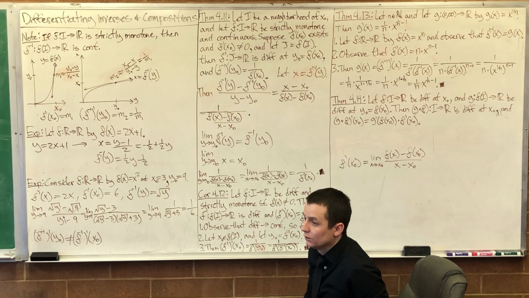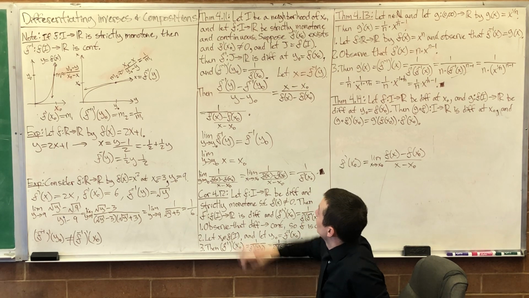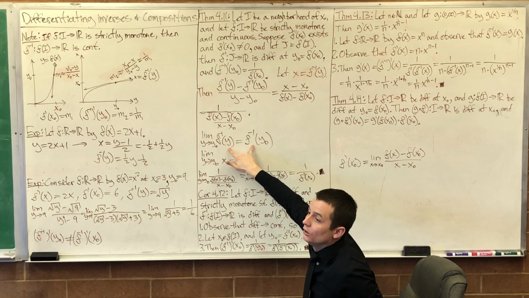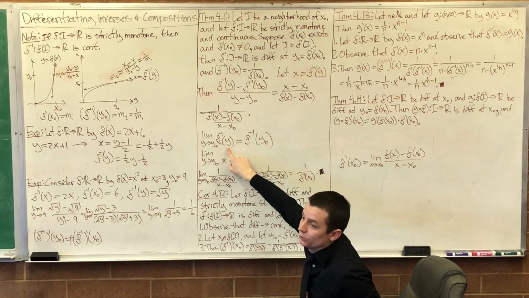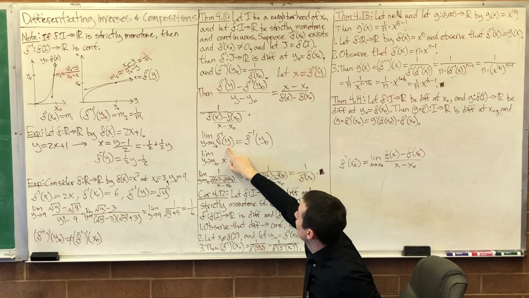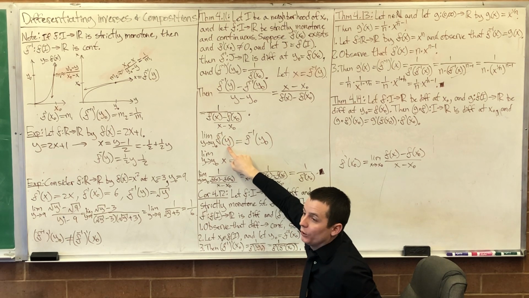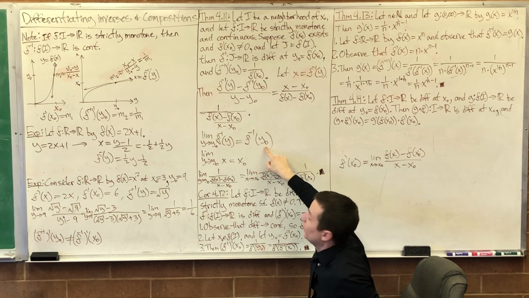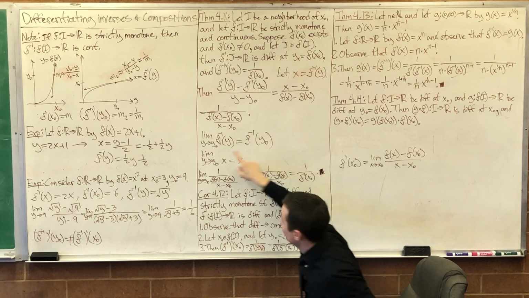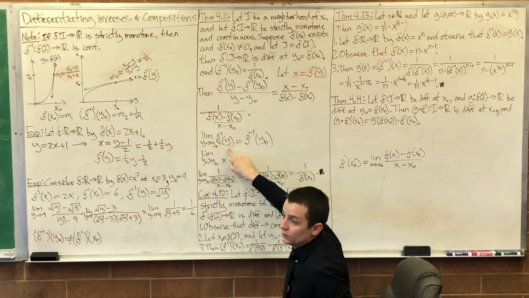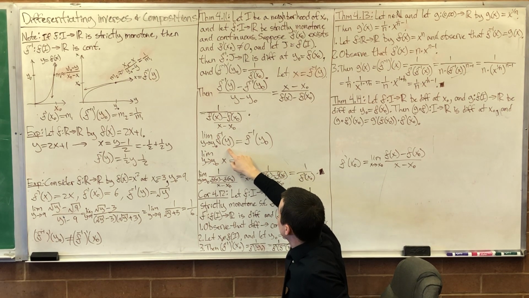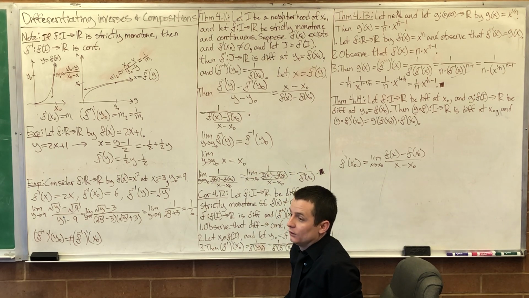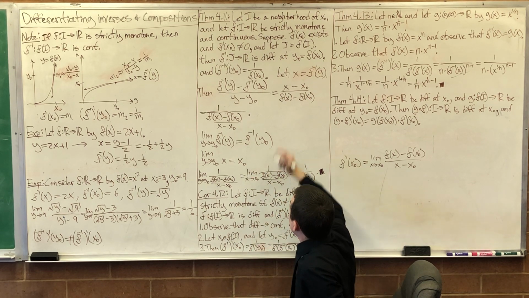Okay, how do we know that? Because f inverse is continuous. What does it mean for a function to be continuous at a point? F inverse is continuous at y naught if and only if the limit as y approaches y naught of f inverse of y is equal to f inverse of y naught.